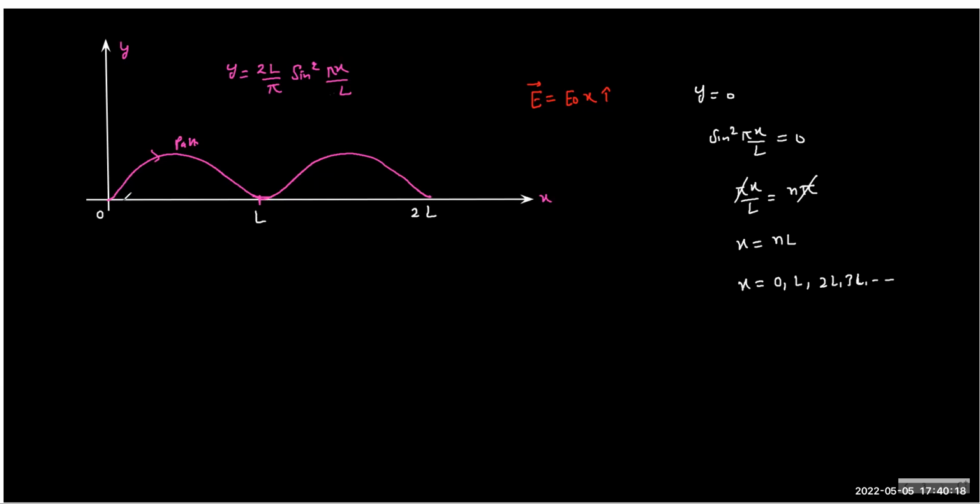So if I call this O and this A, what is the potential difference between O and A?